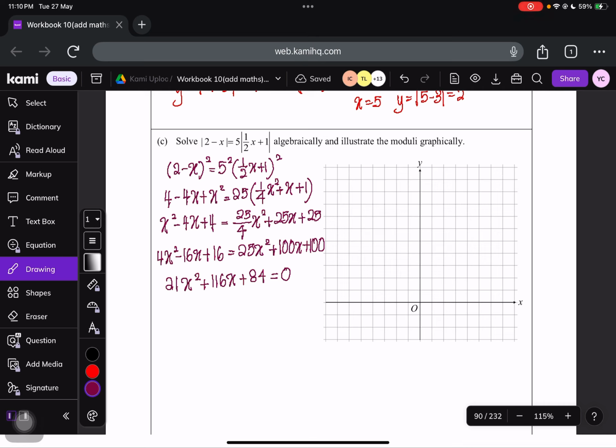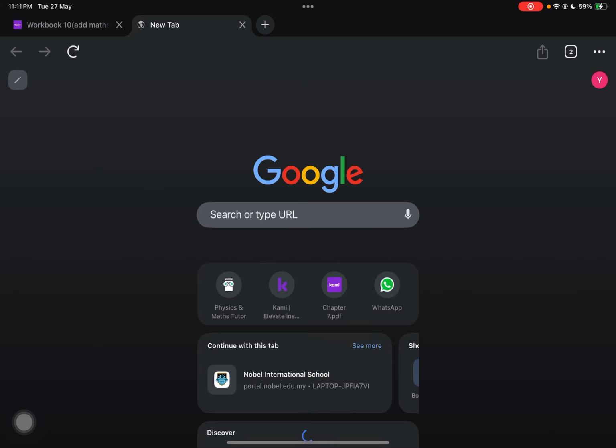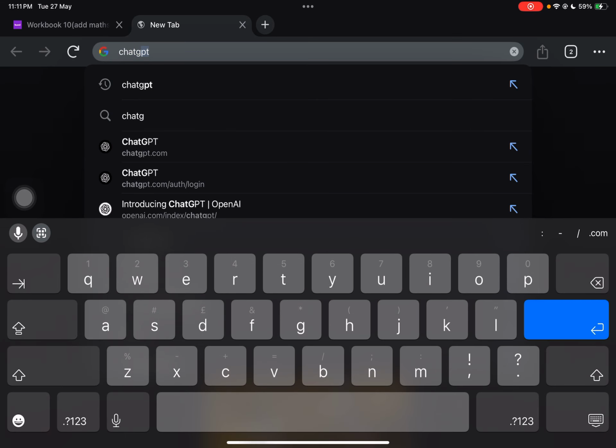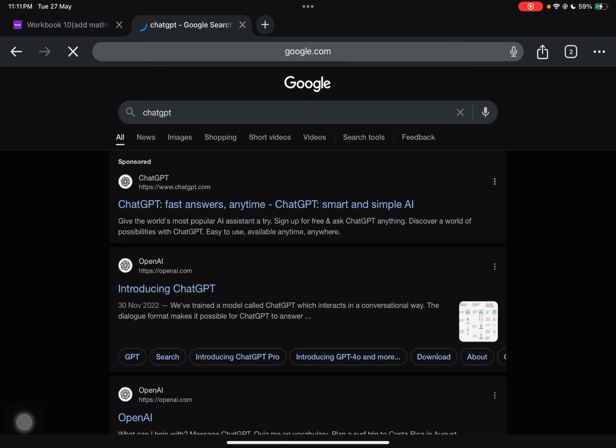Alright, you need to factorize this equation now. You can either use your calculator or think about it yourself. But I'm going to ask my best friend. I'm going to ask ChatGPT for the answer.